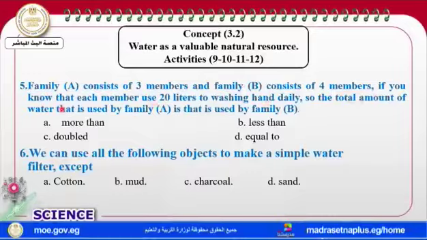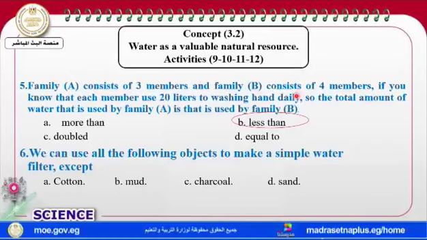If you know that each member uses 20 liters to wash hands daily, the total amount of water used by family A is what? And by family B? Family A, which has fewer members, will use less water than family B.